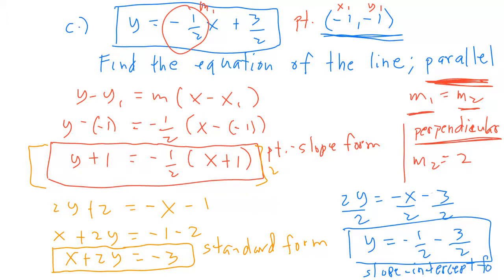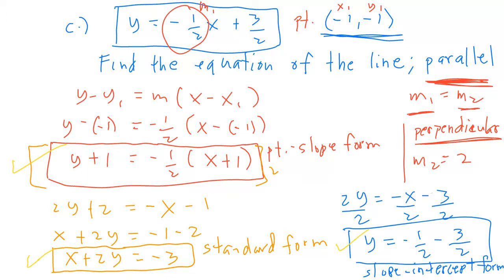Okay? So those are the 3 different forms. So either of those would be your answer. You can use the first one as your answer, or the second one or the third one. It depends on the question asked.